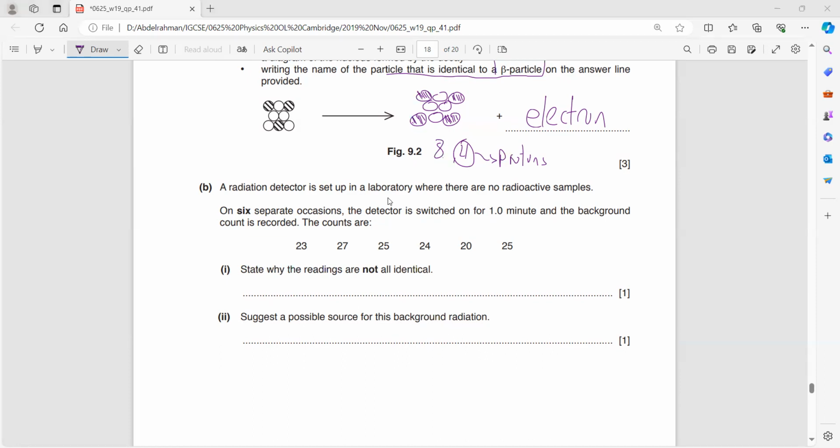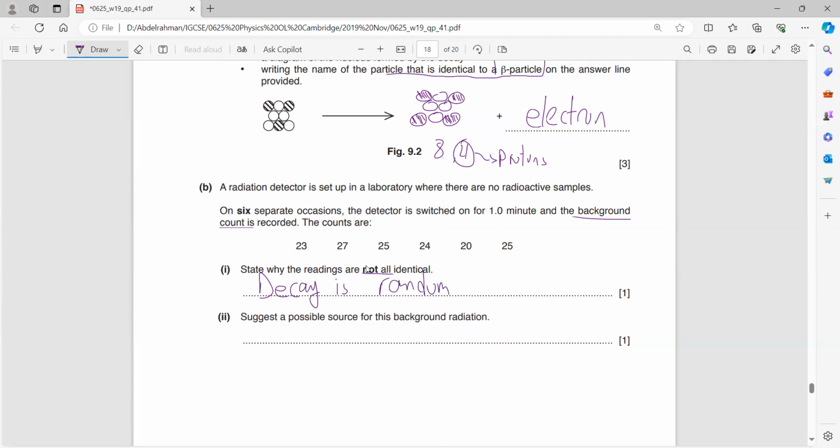Background radiation, he tells you this is background radiation, but why are they not identical? Because they are random. I want you to say exactly this: because the decay is random. That's all I need to know.